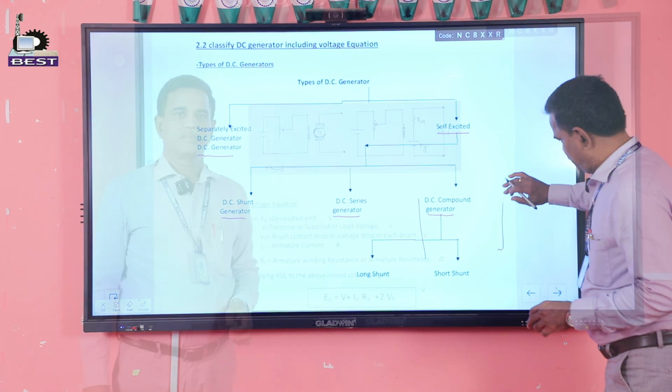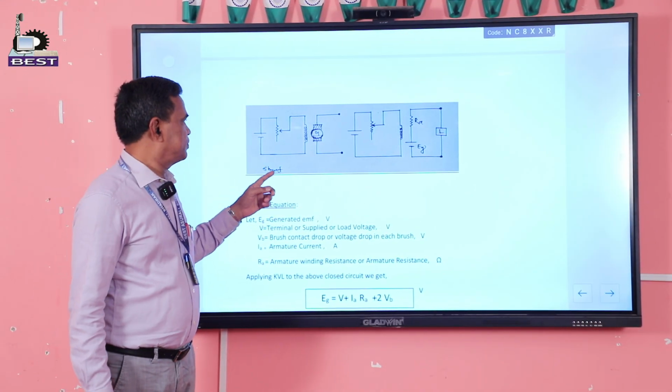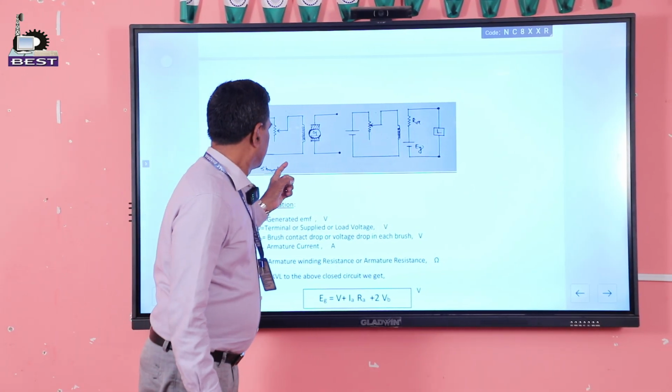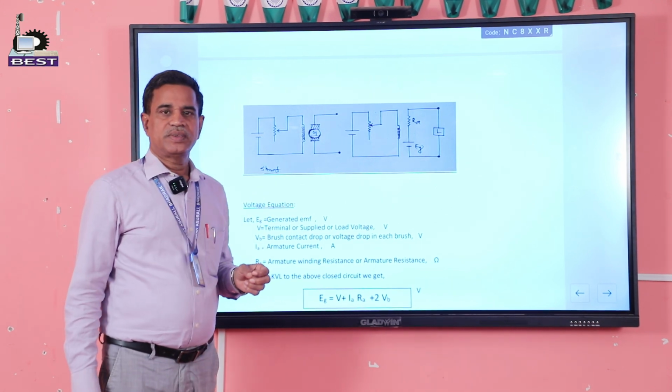Next, this is the circuit diagram of the separately excited DC generator.